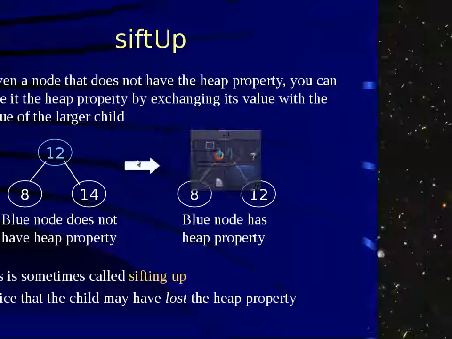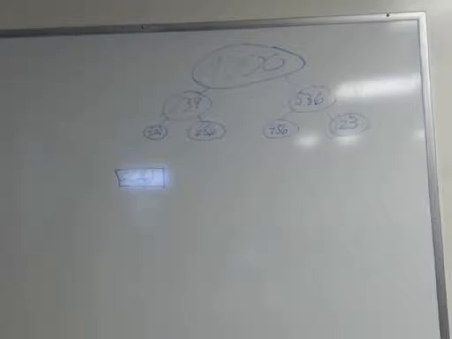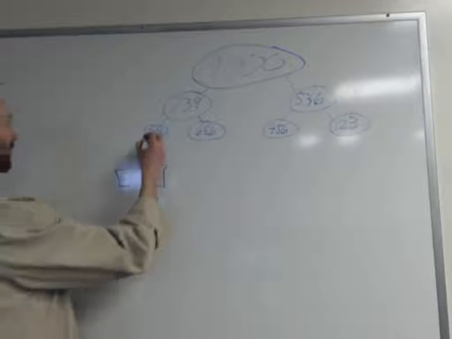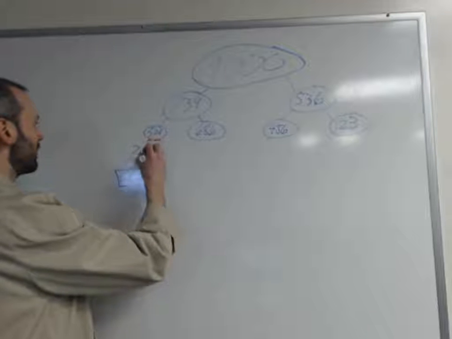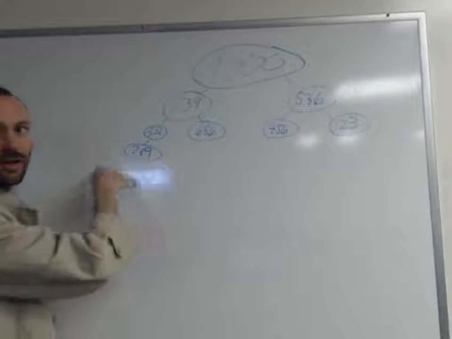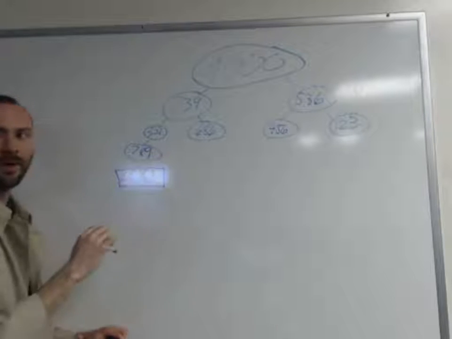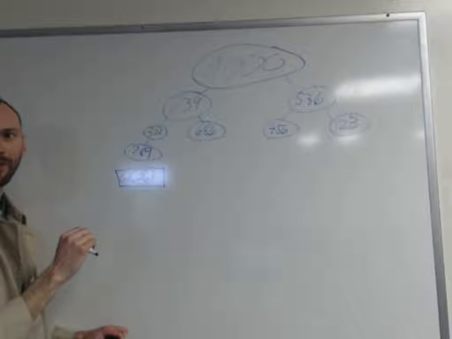Okay, let's do this example on the board. Give me another number. 789. When you add to a heap, you always add over here, to the next position, furthest to the left. Does this have the heap property now? No. What do we need to do?